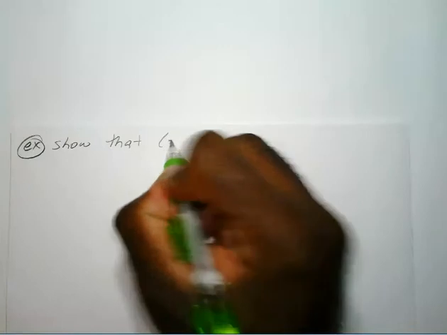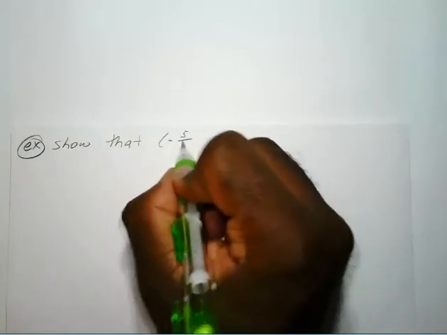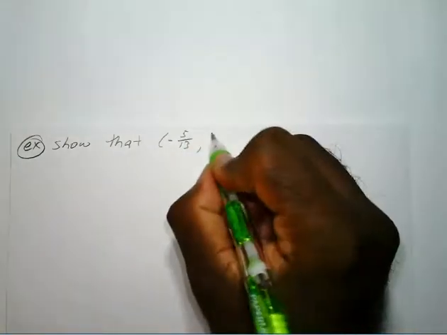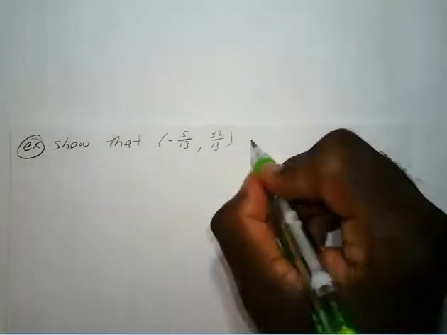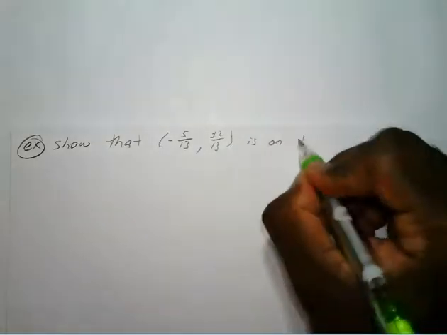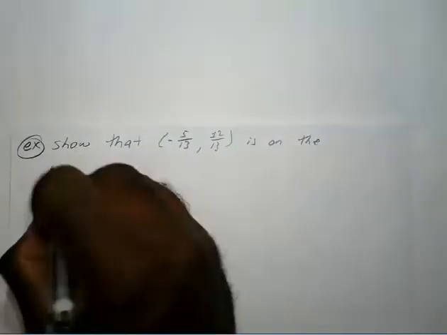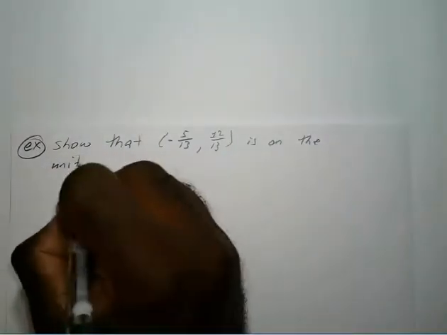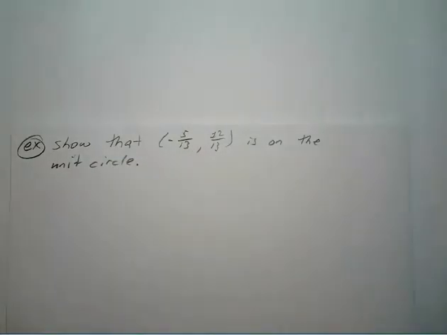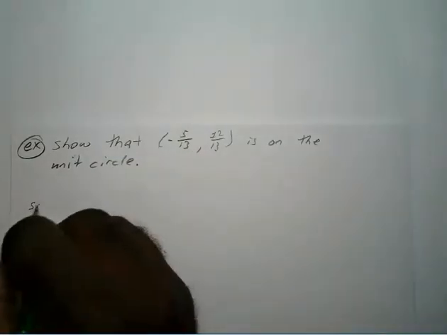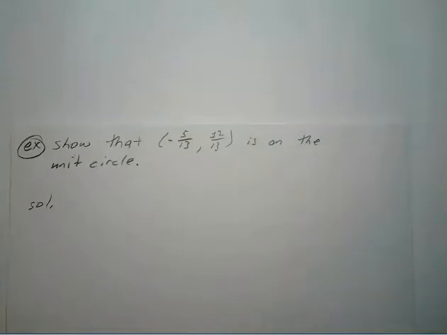Okay, so what if we wanted to show that negative 5 over 13 and 12 over 13 is on the unit circle? Okay, so how do we do that?